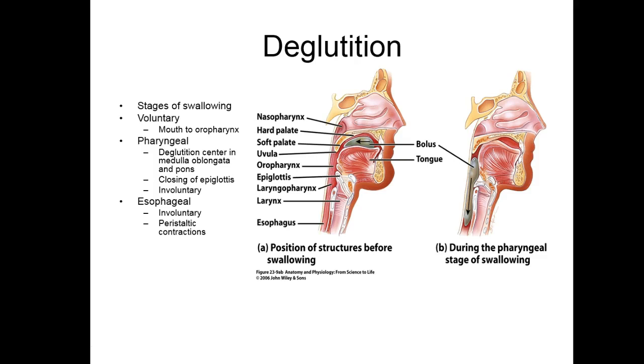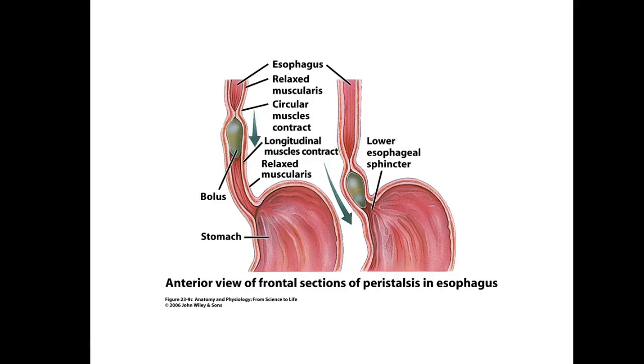And then the esophageal phase is involuntary also, where you have this peristaltic contraction of the esophagus that we just looked at. And then the last phase listed by your book is where the bolus enters the stomach.